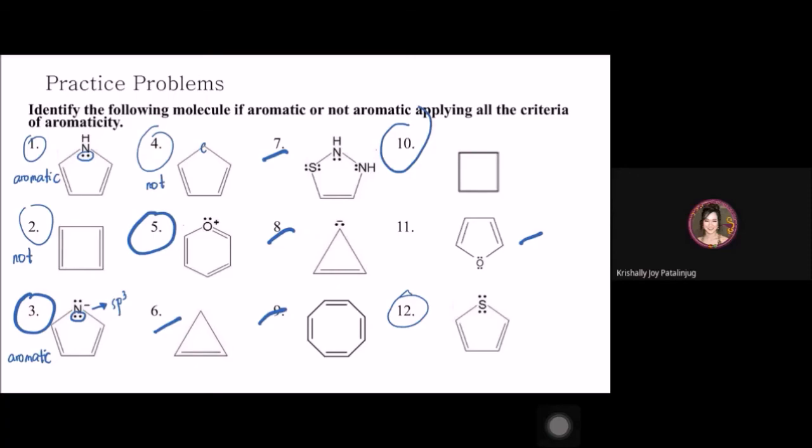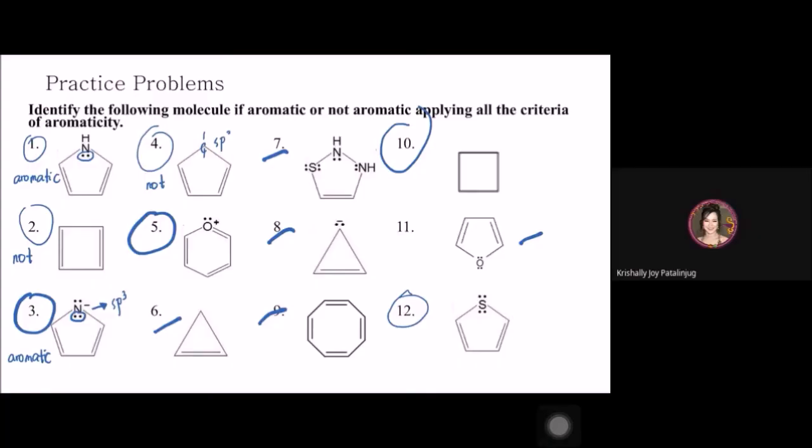This is sp3, the hydrogens are imaginary, with four single bonds, and it carries no lone pairs. The lone pairs are what we consider as pi electrons. So, not aromatic.